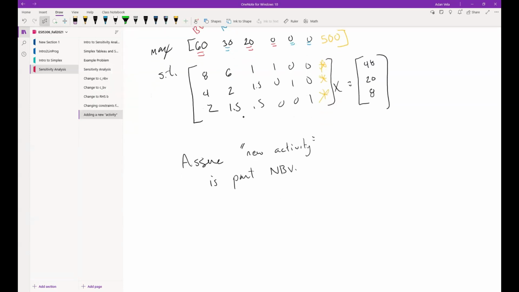What we then do is we calculate CBV times B inverse times N prime. So this N prime, it's going to correspond to the columns of our original non-basic variables, but now we're going to augment it with the new column that we introduced by making cell phones, right?